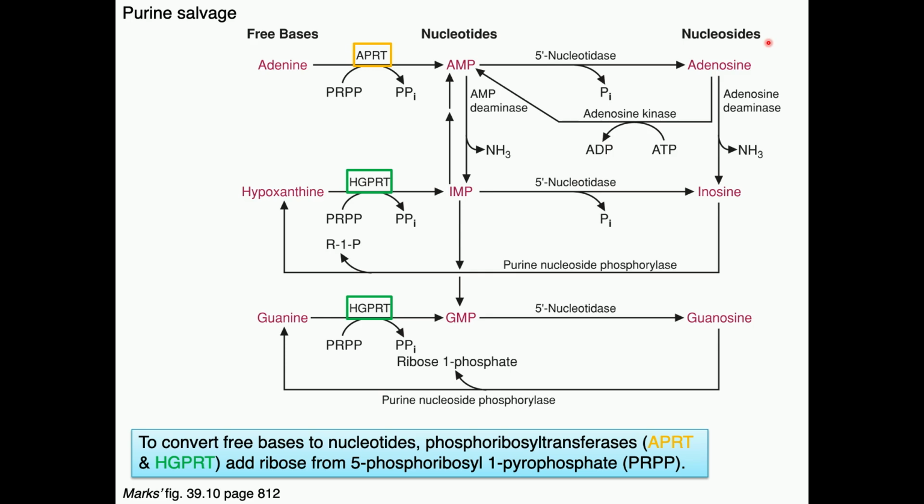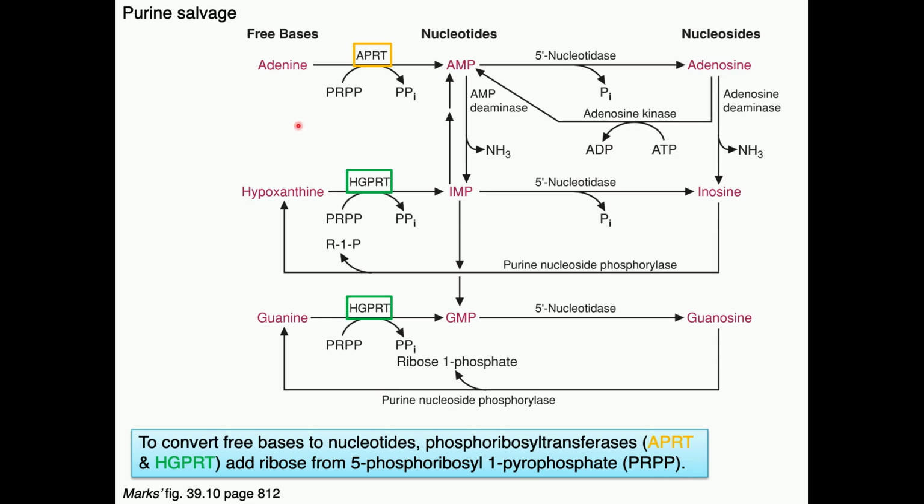But if we had a free base around, and if we have PRPP around, there is a phosphoribosyl transferase, adenine phosphoribosyl transferase, that can add the base through the nitrogen right onto the ribose sugar to make AMP directly. Okay.